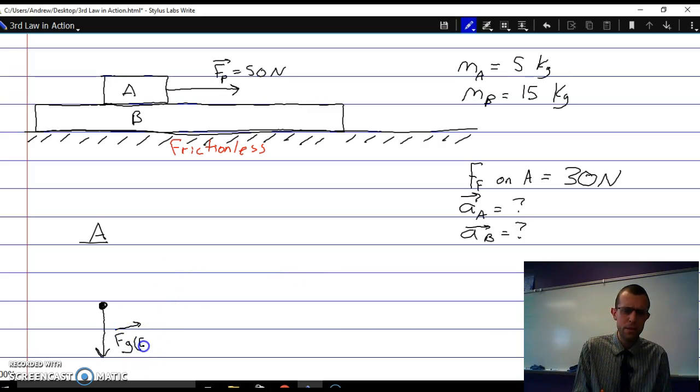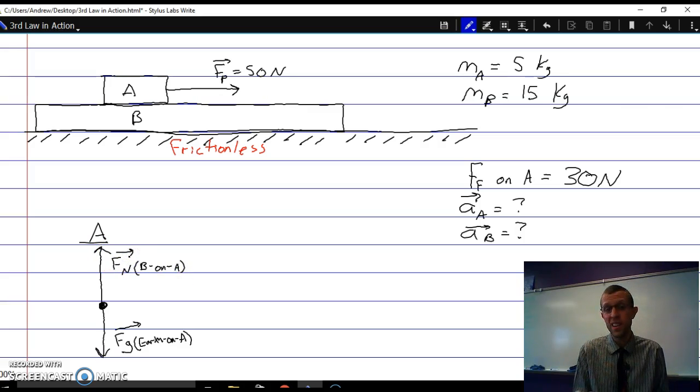So that's the force of gravity from the Earth pulling on block A. And then it's also getting an upward force, a normal force, because it's in contact with block B. And unless it's falling through block B or accelerating up into the sky, those two forces must be equal in magnitude. So this is going to be a normal force. It's a contact force between two surfaces, and that's going to be block B pushing on block A.